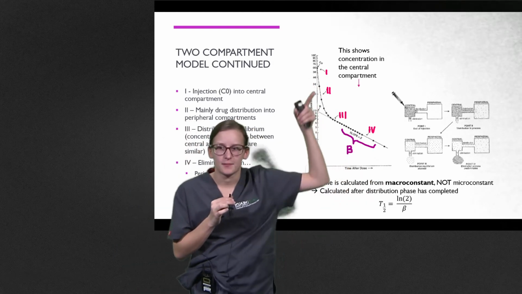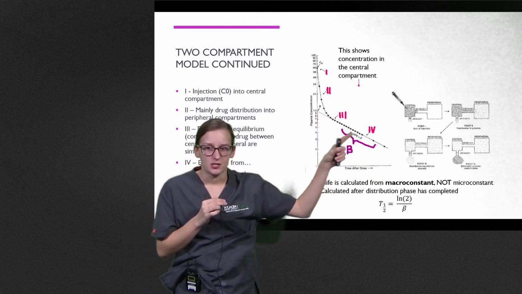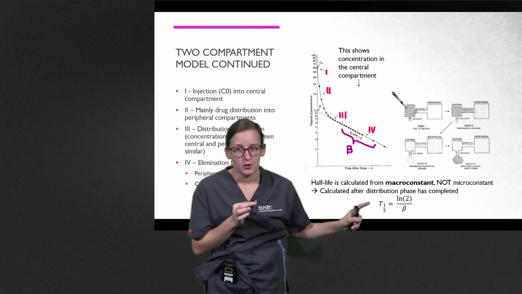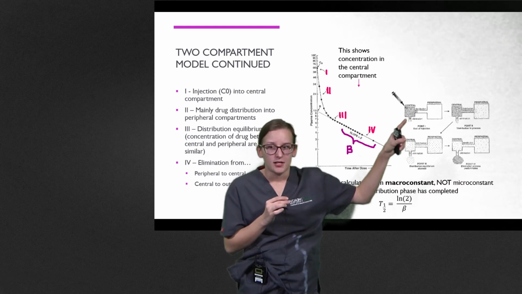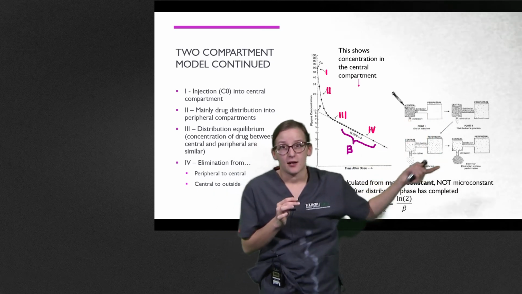You're not looking anywhere up here where distribution is still taking place. And so here the rate is going to be beta, not a micro constant. So that's why I have this equation right here for you, and then a diagram next to it to show we've injected it, it's being distributed, and then it slowly gets eliminated out.